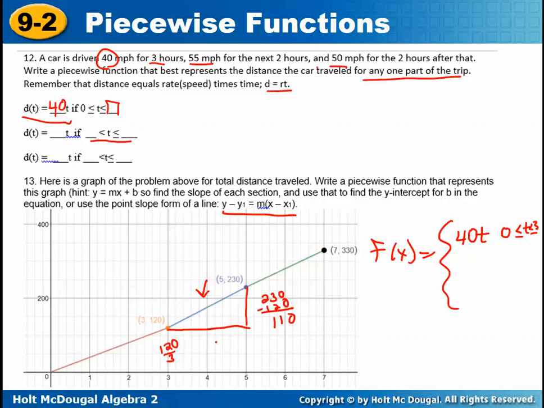And the run is from 3 to 5, which is just 2. So that's 55. Now that matches this. So we can use that for our slope. So y minus y1, I use the 230 and the 5 point, equals the slope is 55 times x minus 5. And then you simplify this and put that in for the second part. And then again, every time you have to do the domain. That's for the next 2 hours.